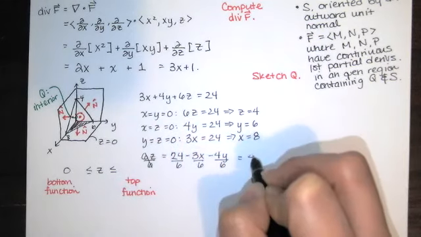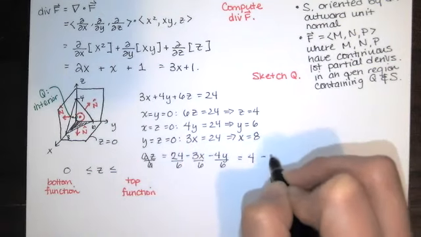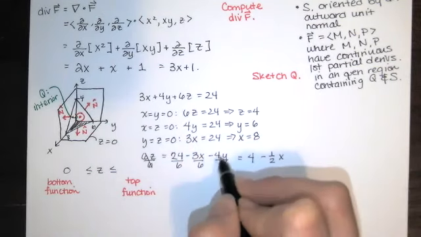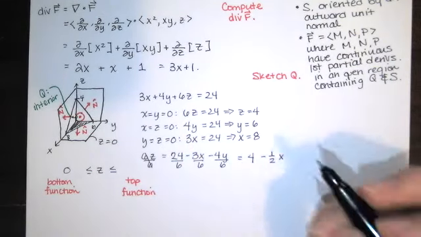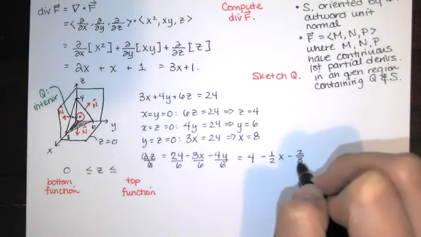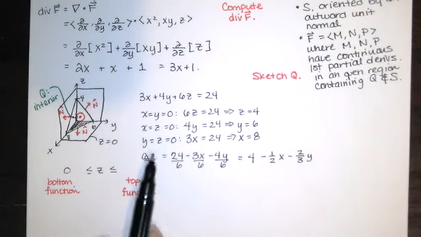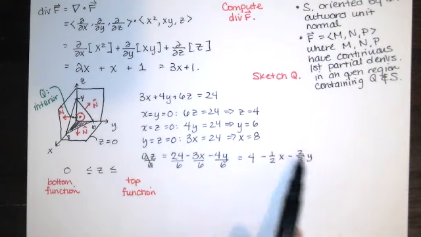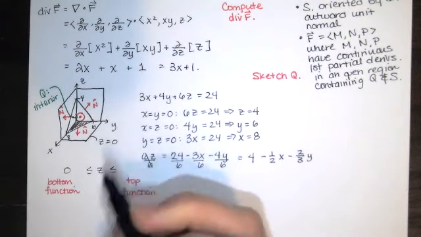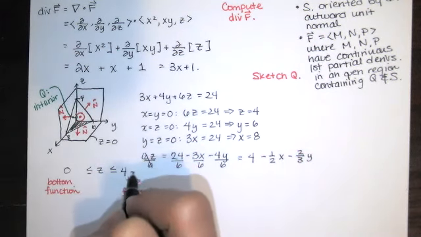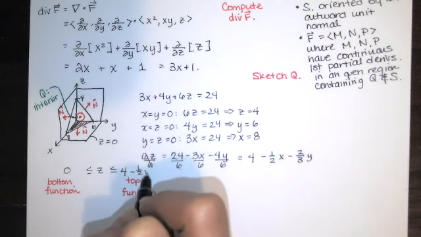So 24 divided by 6 is 4. We get 3 over 6 is 1/2. And then 4 divided by 6 is 2 over 3 times y. So that is z equals some function of x and y, that top surface. So that is our upper bound for z.